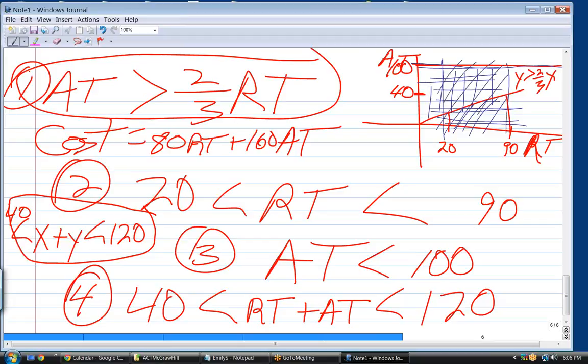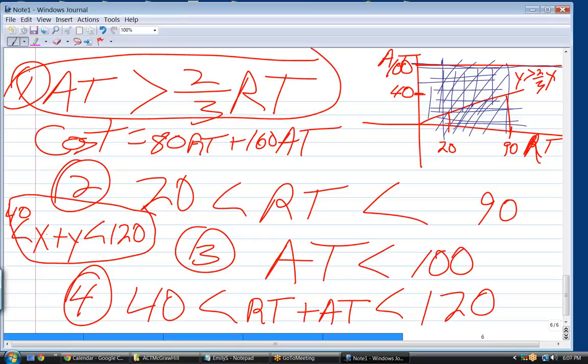I'm trying to use different things here so we can figure out. In other words, when we're done, there's going to be a portion of this graph that satisfies all 4 of these inequalities. And the final inequality is this x plus y has to be greater than 40 and less than 120. Well, that's the tough one.